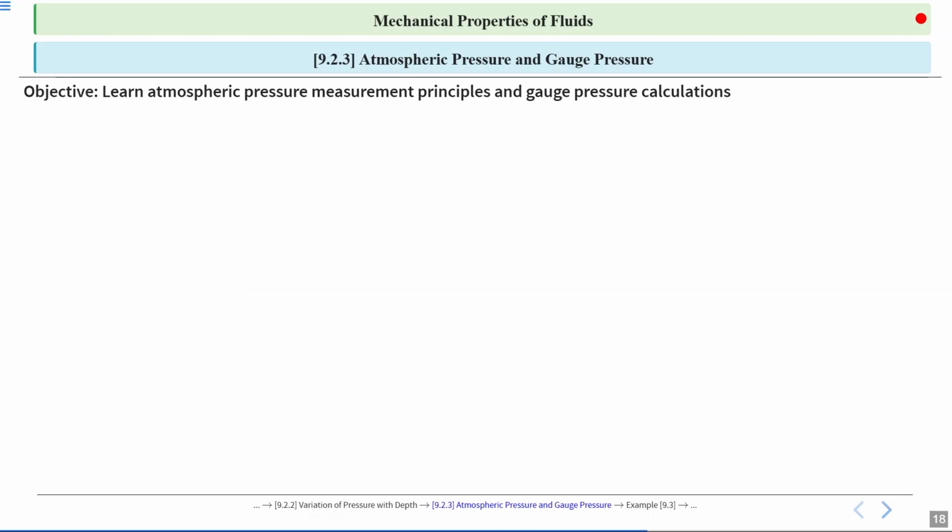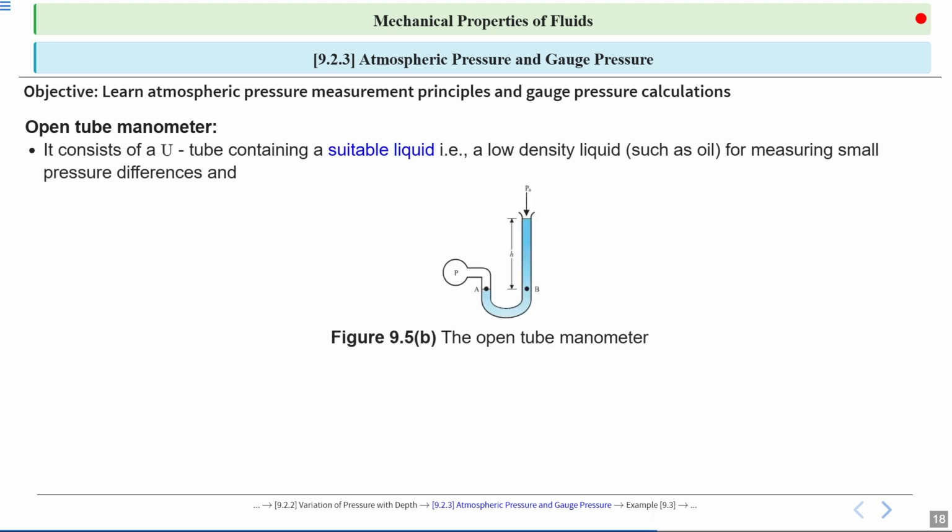Now, the open tube manometer. The U-tube manometer contains a suitable liquid. For measuring small pressure differences, we use a low density liquid like oil. This is because it allows for more precise measurements without requiring large volumes of liquid.